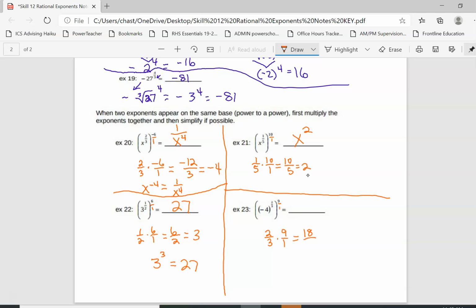We get 18/3, or 6. So this becomes negative 4 to the 6th power. And I'm just going to use a calculator for this. So negative 4 to the power of 6 gives me 4,096. Okay, and that is how we're going to work with rational exponents.